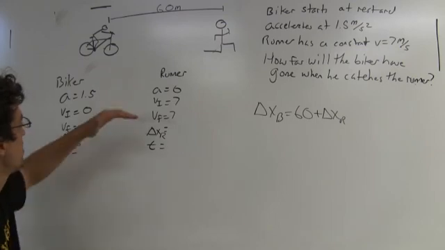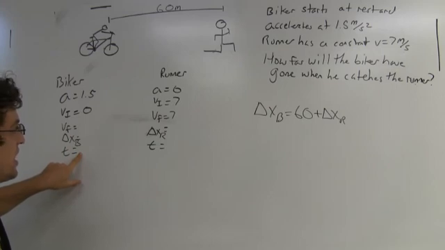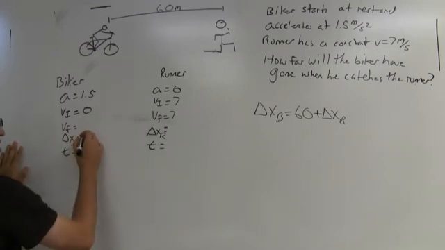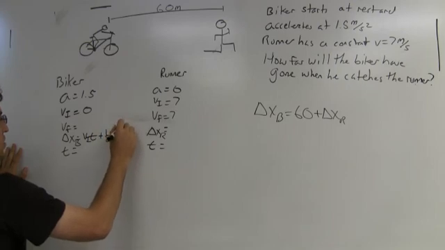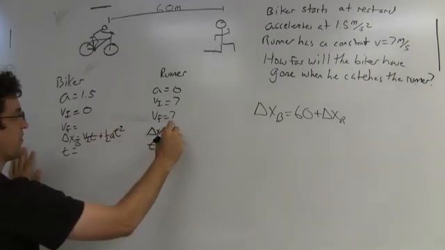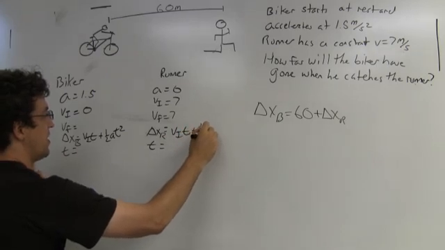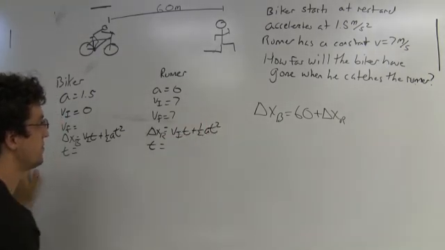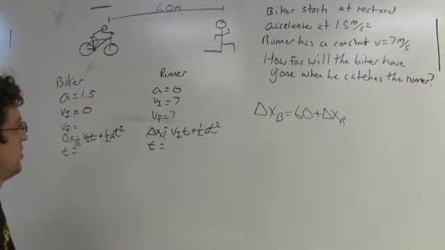Okay, so now we can start plugging stuff in here. We don't know time, but we do know change in x for the biker is going to be the initial velocity times time plus 1/2 a t squared. Same thing for the runner. We then plug those into this equation.